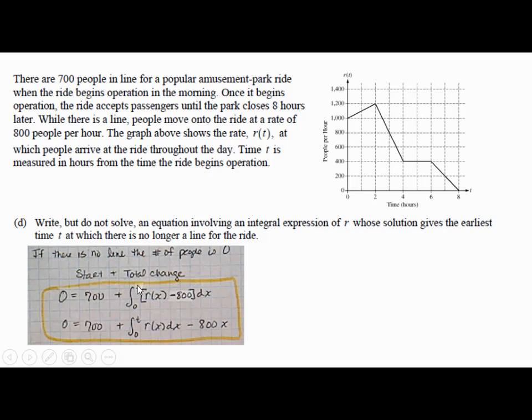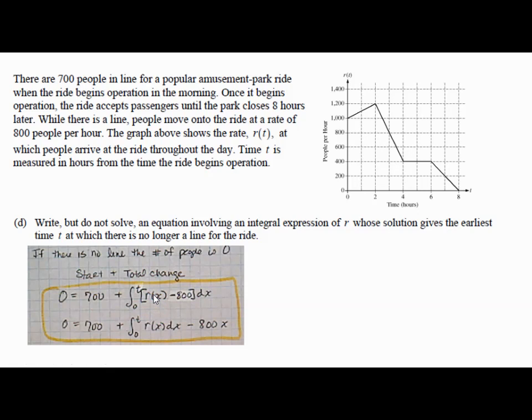Your variable has to go in your upper limit of integration right here, starting off at 0. And this variable right here, if you remember us doing these problems, has to be a different variable than that. So you can't have r of t. I believe they put s. I just put x because we're used to x's.